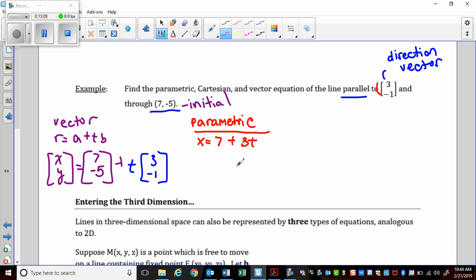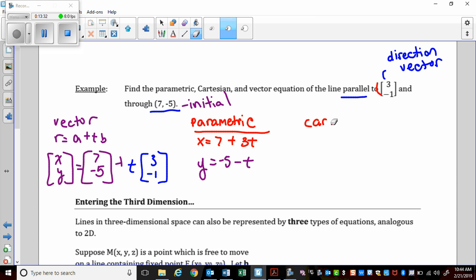Also, let's do y. My initial, which is -5, plus -1t, or minus t.